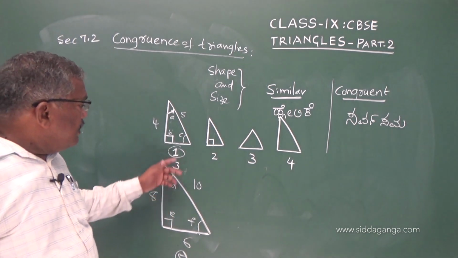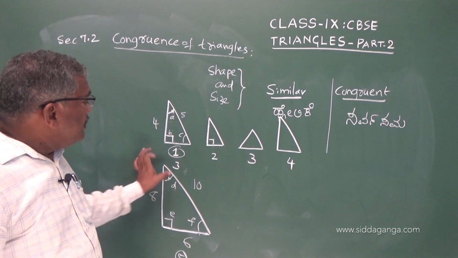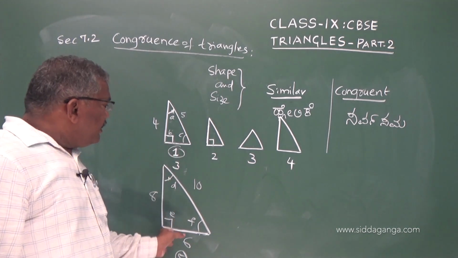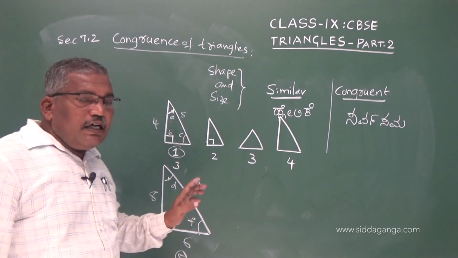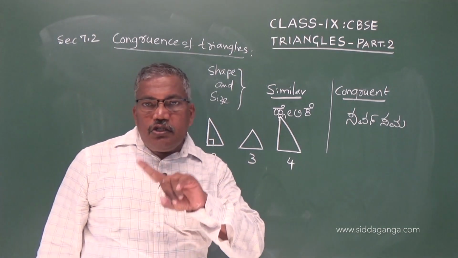This length divided by this length is the same as the base length divided by base length, and hypotenuse length divided by hypotenuse length. So we say the angles are congruent.